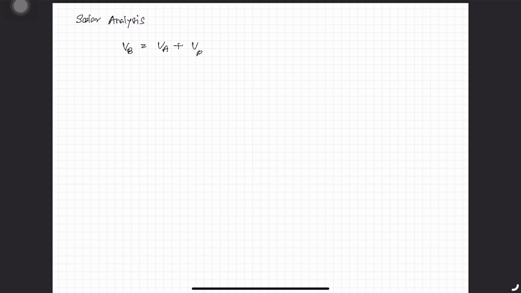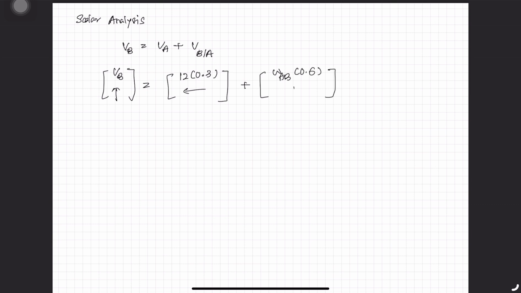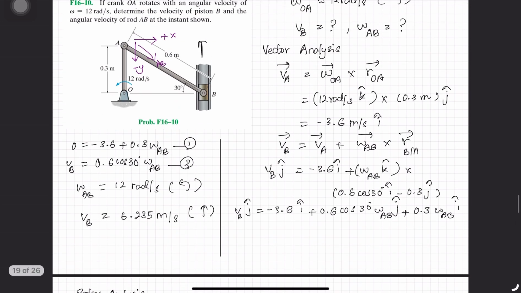VB equals VA plus V from A to B. For VB, we take its positive value, and then it's omega into the distance 0.3 meter, and that is to the left, in the minus x direction, and that will have to be combined with the omega AB value into the 0.6 distance, which is in this direction at 30 degrees.